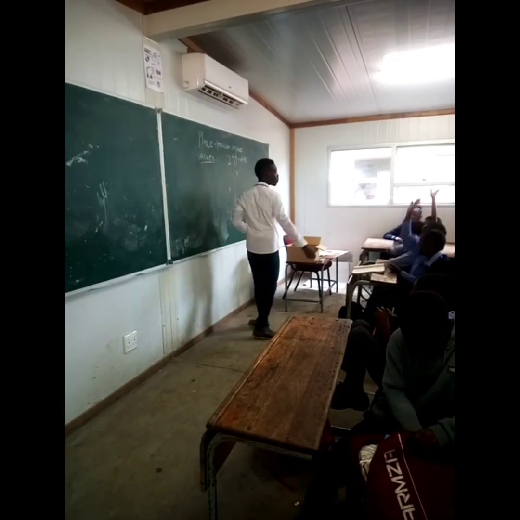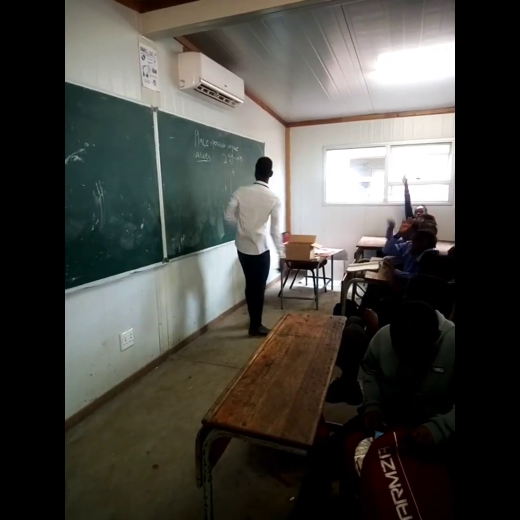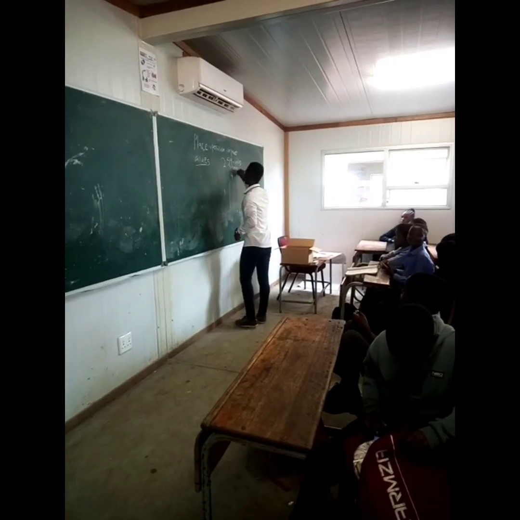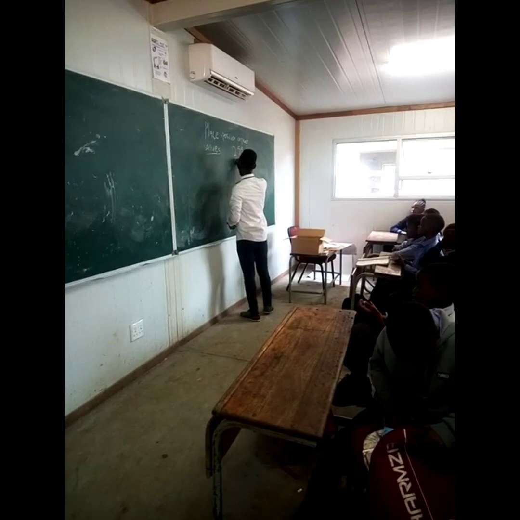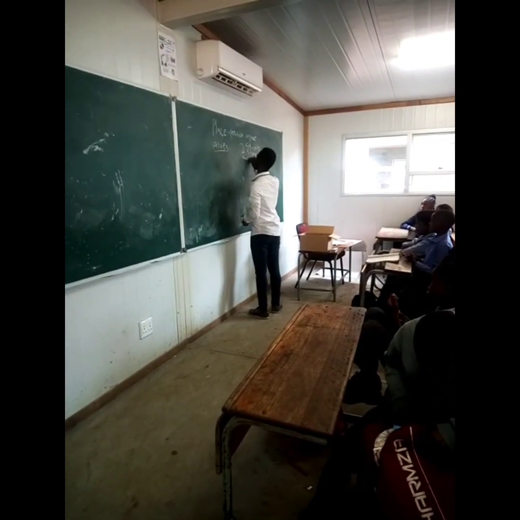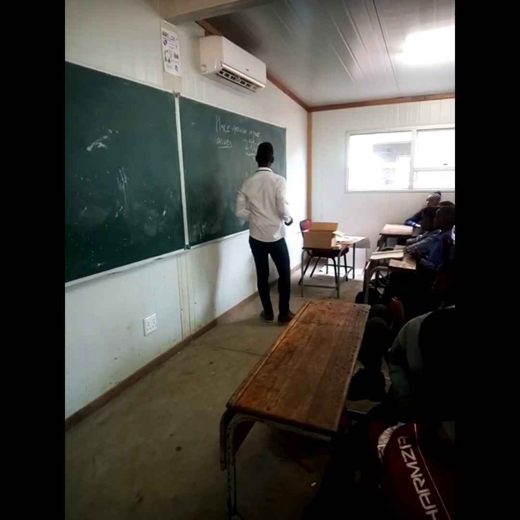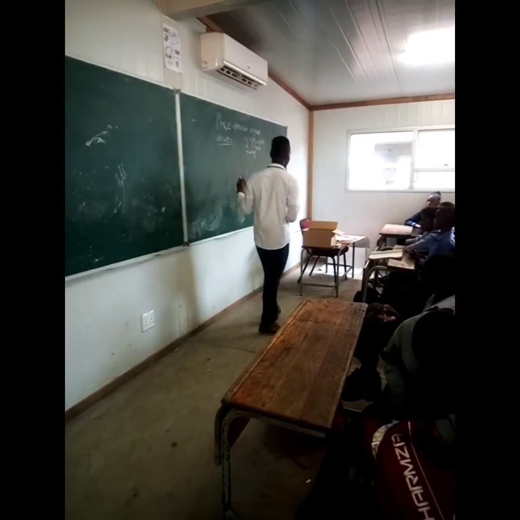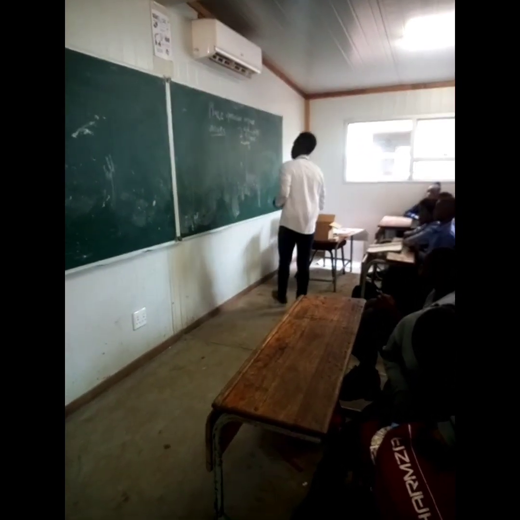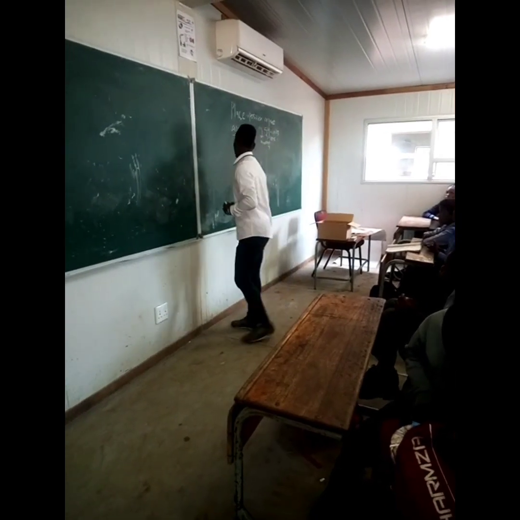What about 5? Tens. What about the 2? Hundreds. So now you know the position of a number in terms of its values. Now let's carry on.